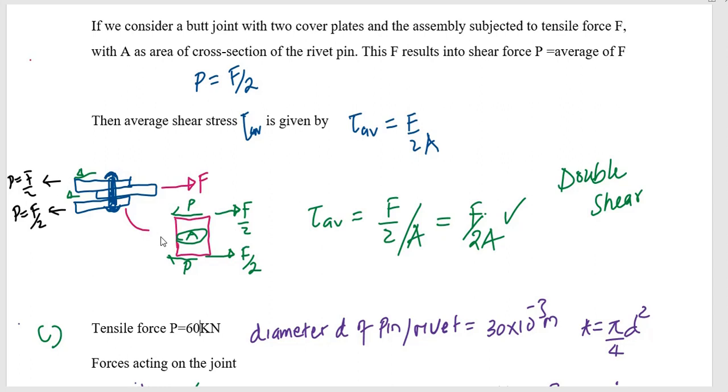Therefore, if I have a force F, then it will result into these shear forces F out of 2, F out of 2, meaning that my tau average, which is the average shear stress, will be F out of 2 divided by A, and this is going to equal F out of 2A, and this scenario is said to be double shear.